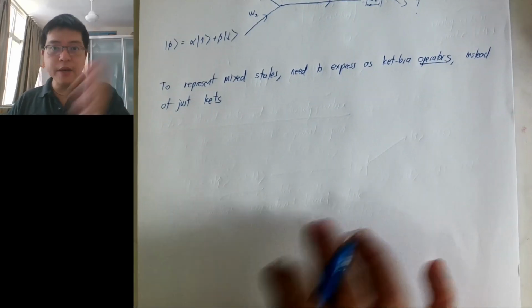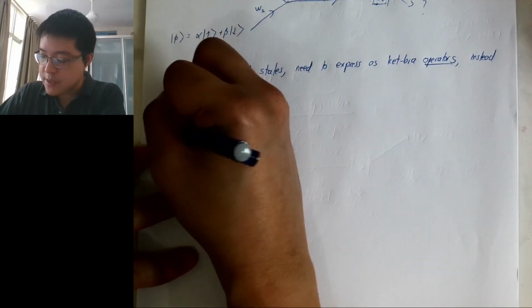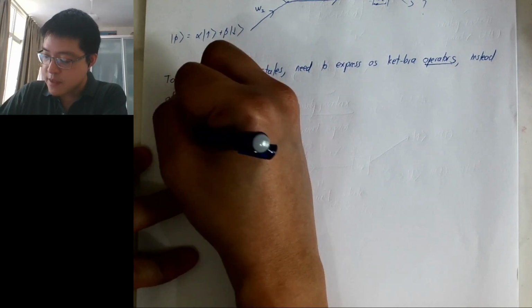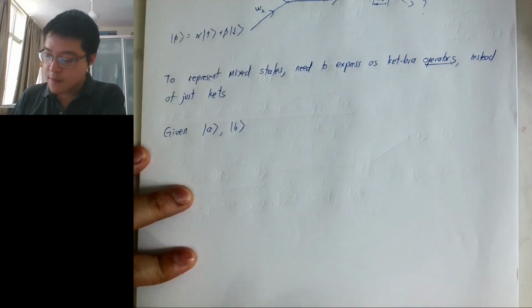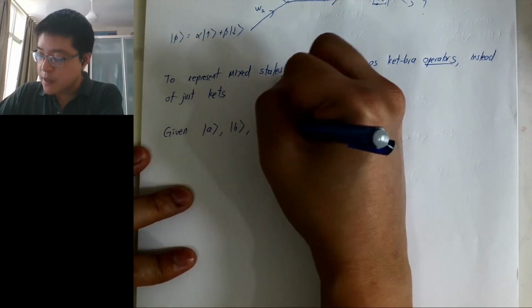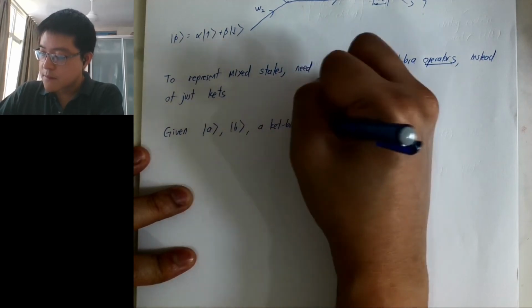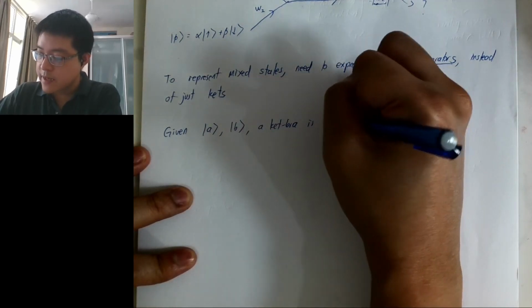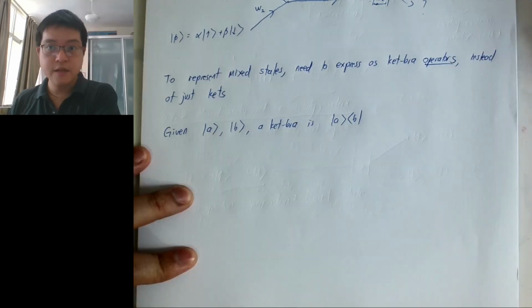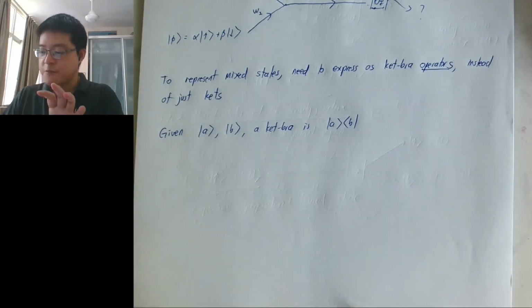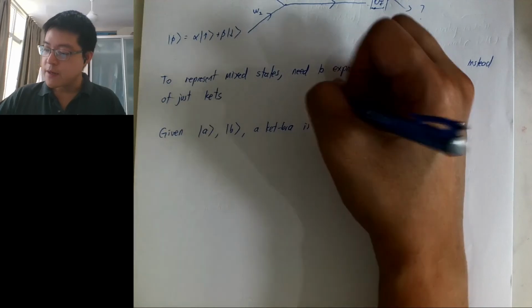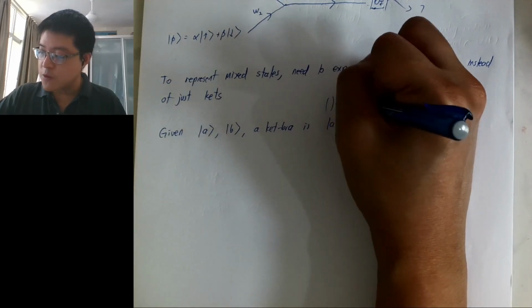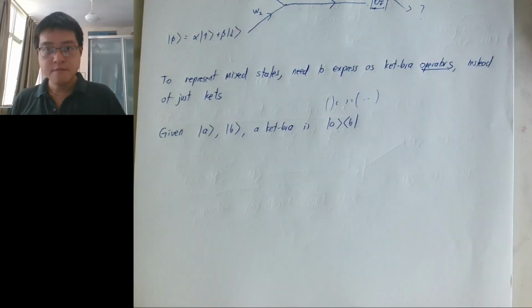Okay, so let me remind you what a ket bra is. We can always build a ket bra using two kets. Given ket A and another ket B, I can build a ket bra, let's say |A><B|. So you just flip one and then multiply them in the opposite way. This is the same as a column vector times a row vector, giving you a matrix.